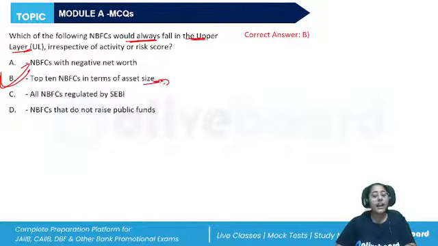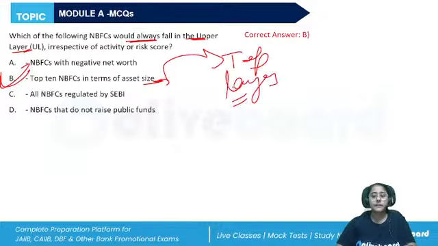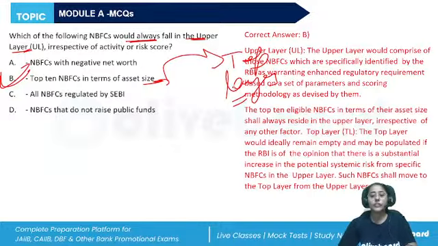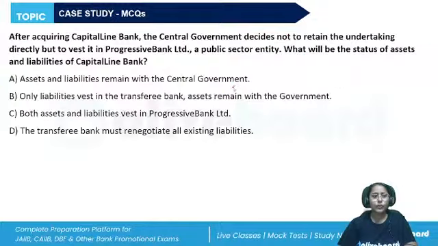And if they are taking even more risk, then they will be shifted from the upper layer to the top layer. All right. So you need to remember all the different categories of NBFCs and in which layer they will be placed. Let us do one more question.